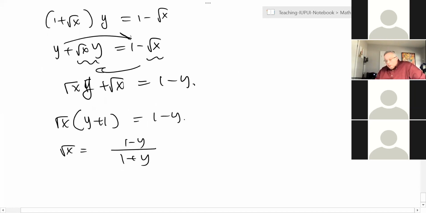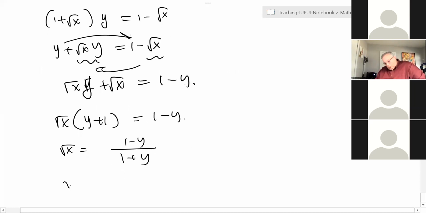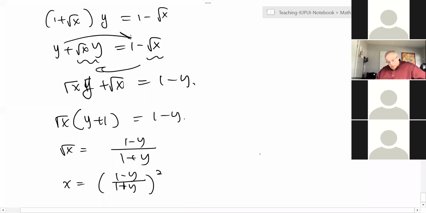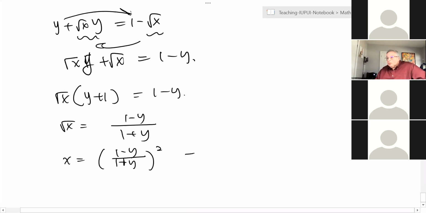Then you square it, and x is going to be ((1 - y)/(1 + y))². So you get the formula showing how x depends on the y variable. This is our inverse, the formula for the inverse function.